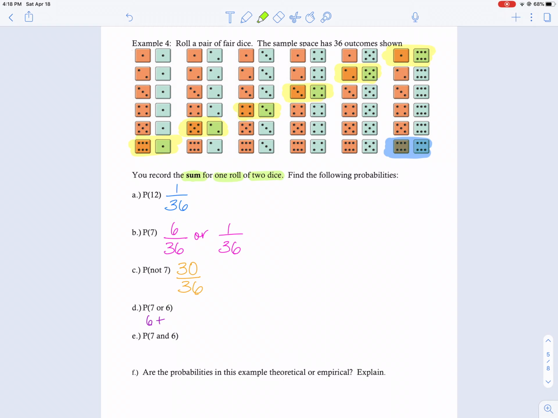Okay, so let's see. Where would be a sum of 5? Here's a sum of 5, 5, 5. 1, 2, 3, 4. Is there another 5? I see 1, 2, 3, 4. Is that it? There should be one more.